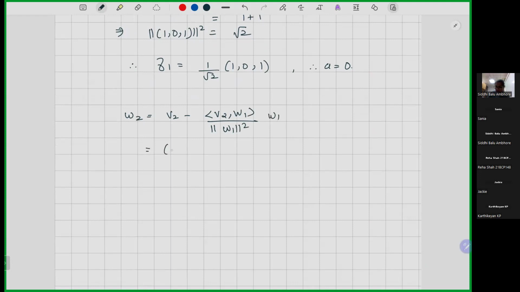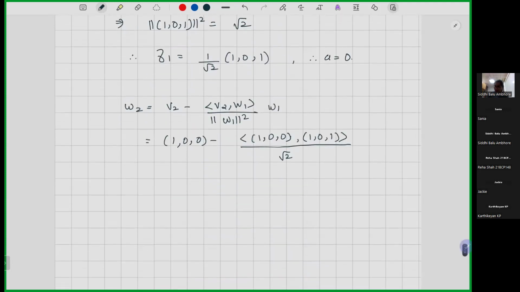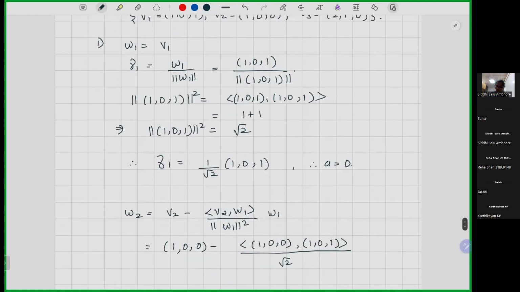So V2 was (1, 0, 0) minus the inner product of (1, 0, 0) and (1, 0, 1) by norm of W1, which is root 2, which we already obtained, and W1 was this element.